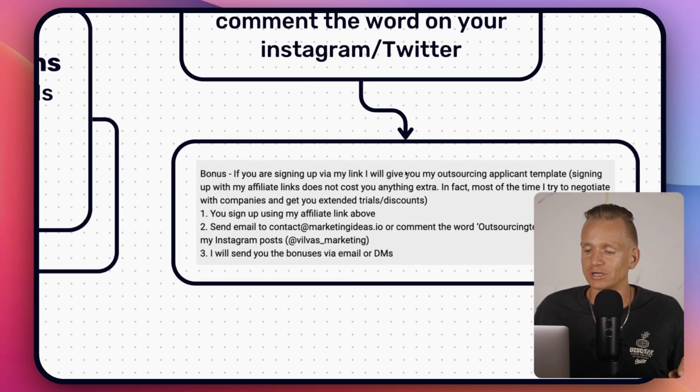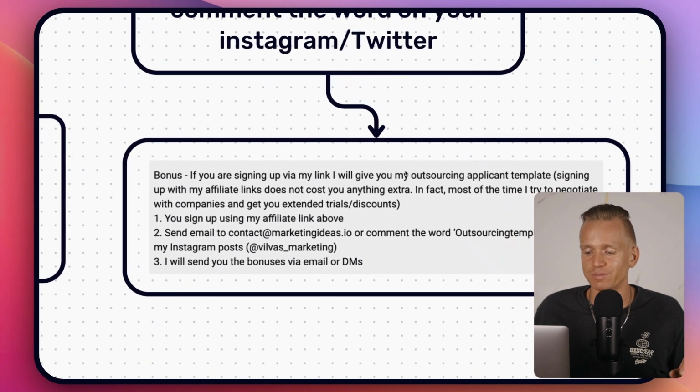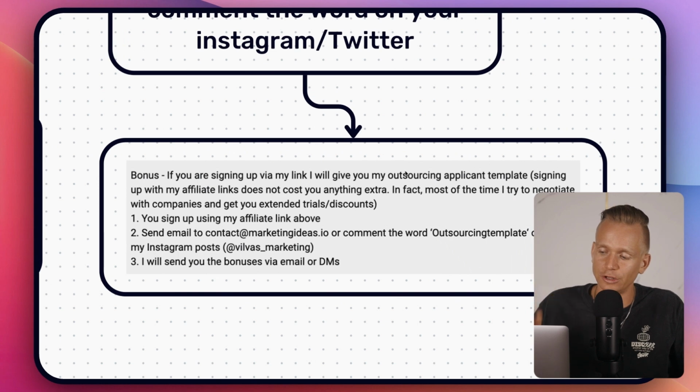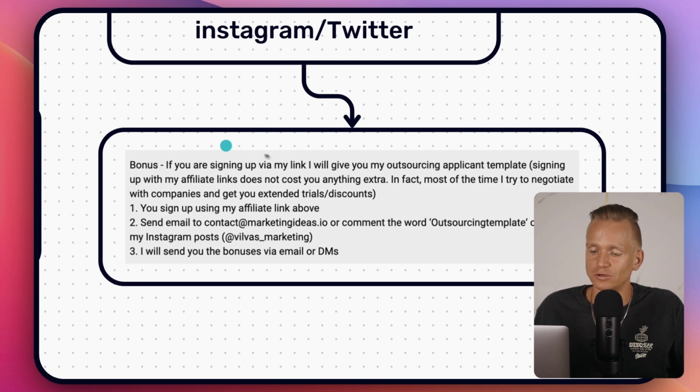So I have a little example here as well. Usually this is my little YouTube description, or a comment that I leave under some of my videos where I have bonuses. For a lot of the software that I use and recommend to other people, I usually have some sort of discounts that I have agreed with the companies to provide to my audience, but I also usually have some sort of bonuses.